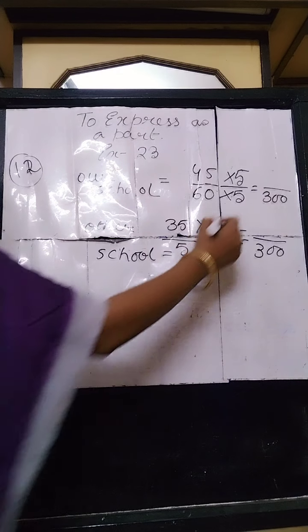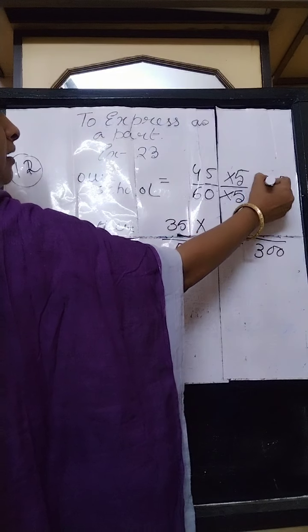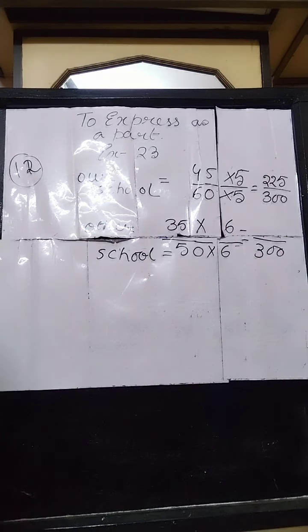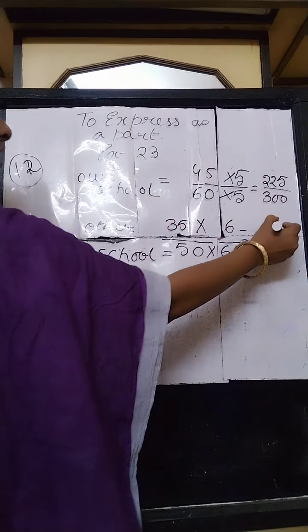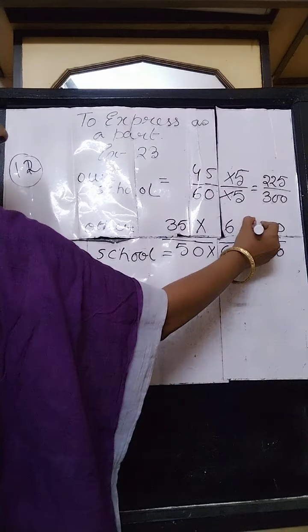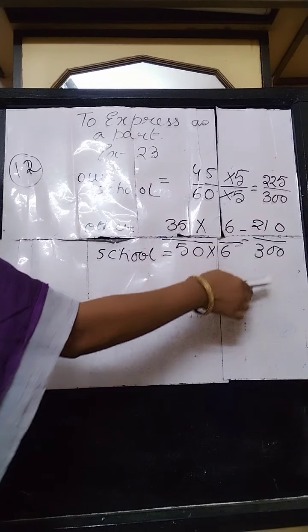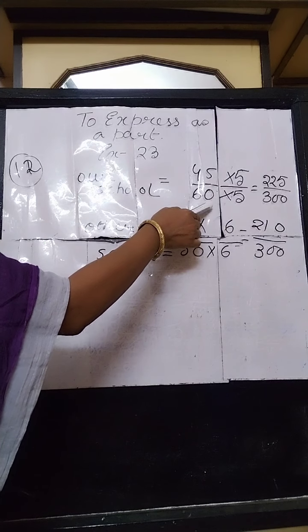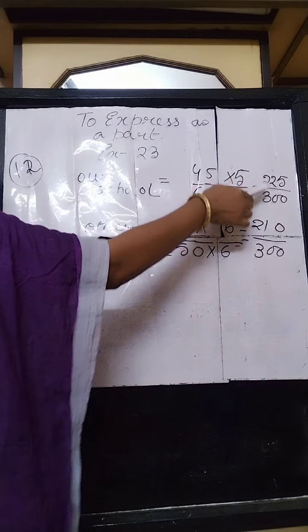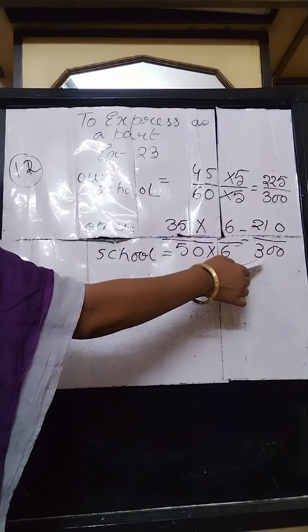So 5 5s are 25, carry 2, 5 4s are 20, plus 2, 225, and here 6 5s are 30, carry 3, 18, 19, 20, 21. So these are the two comparisons. In our school, the attendance of that day is 225 by 300, and in case of the other school, the attendance is 210 by 300.